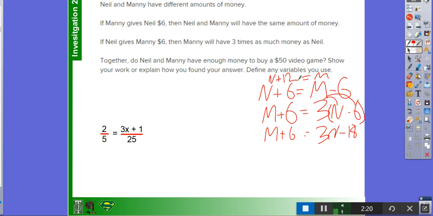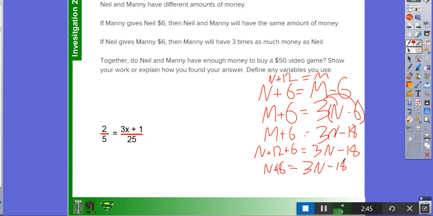That way we have n plus 12 plus 6 is equal to 3n minus 18. And then we can combine the like terms on the left side, so we have n plus 18 is equal to 3n minus 18.